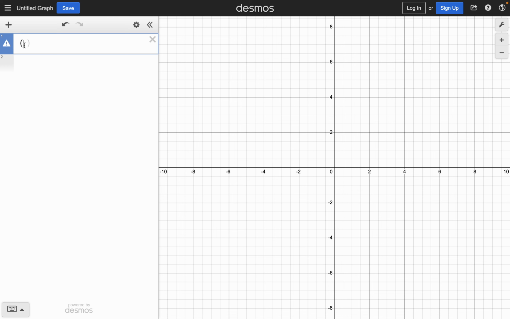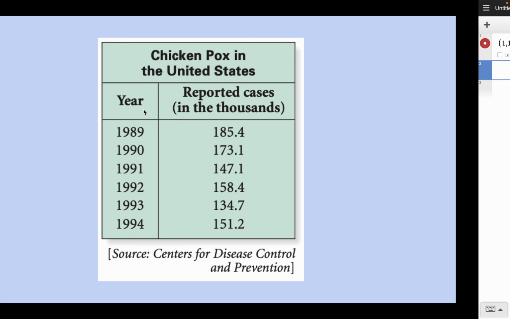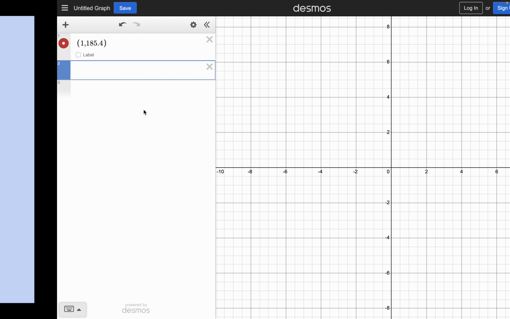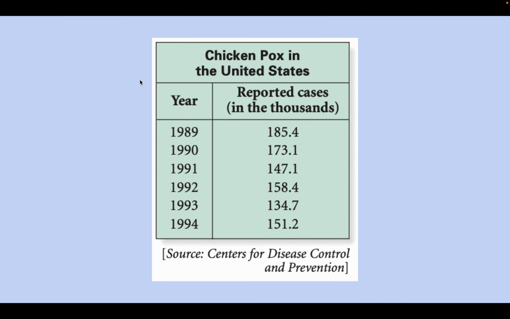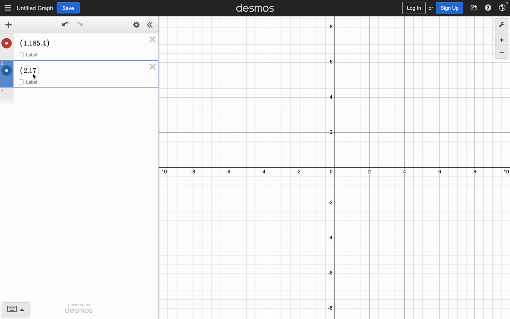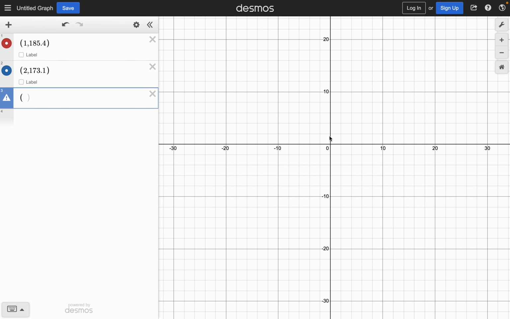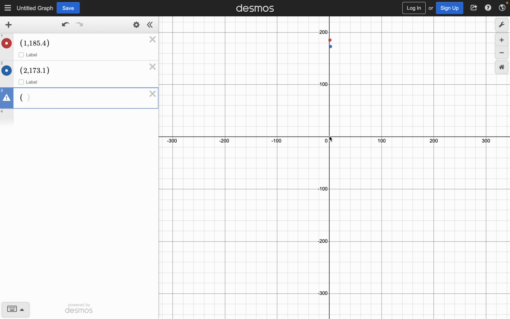1, 185.4, 2, 173.1. We can find this if we zoom about here.